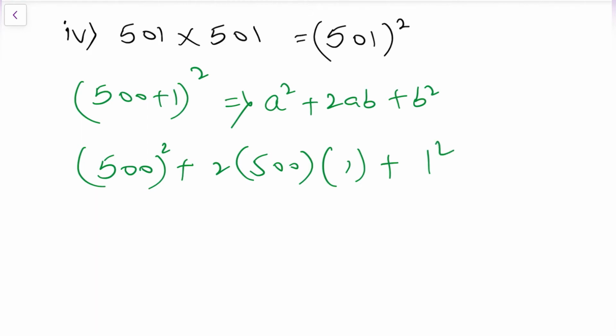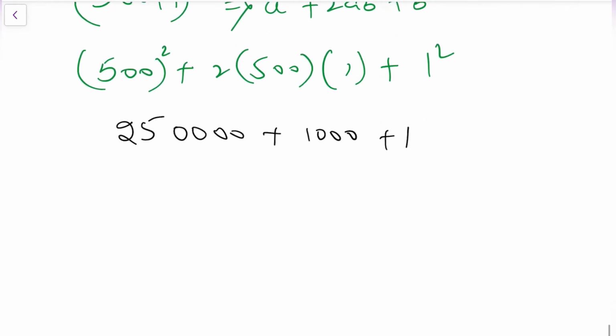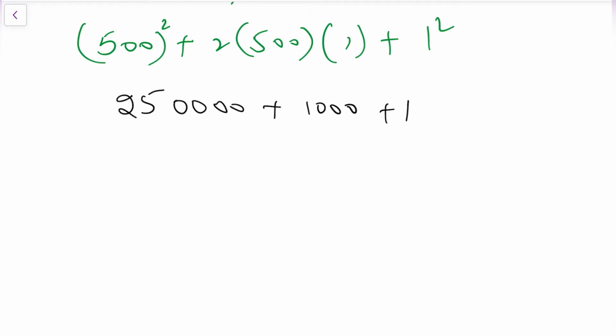So 500 whole square is 2,50,000, 25 and 4 zeros, plus 2 into 500, 1,000, plus 1 square, 1. So 2,50,000 plus 1,000 is 2,51,000, plus 1, 2,51,001.